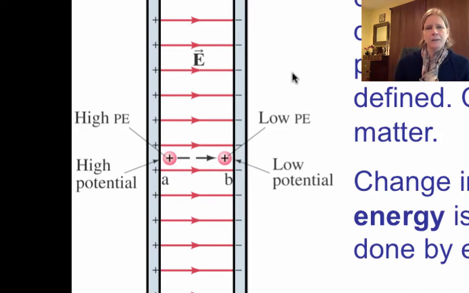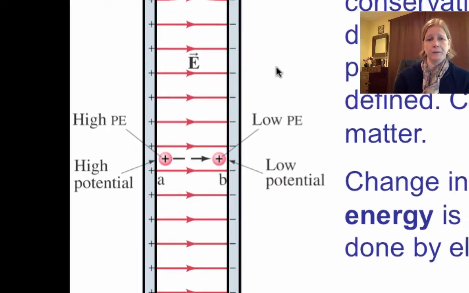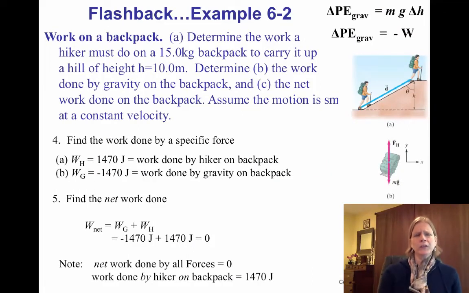All right, let's consider now gravitational potential energy so we can try to relate these ideas to something that's a little less abstract. Let's go back and recall Chapter 6 was the chapter on work and energy, and this slide I've pulled from that chapter where we looked at the work done on a backpack as it was moved by a hiker uphill.